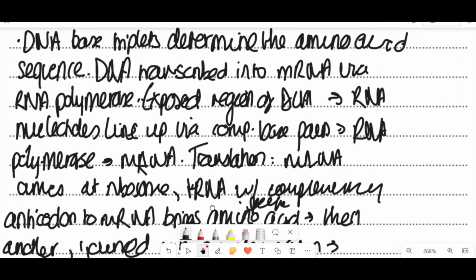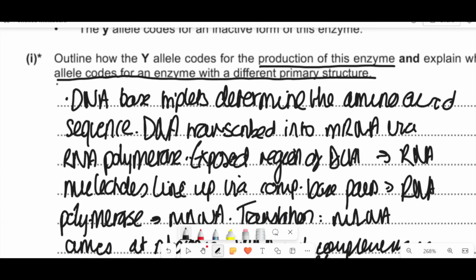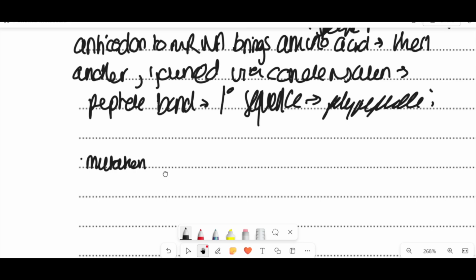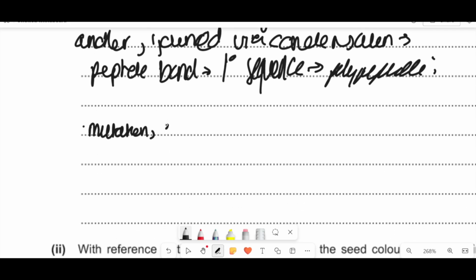But then it says in the next part: explain why this Y allele codes for an enzyme with a different primary structure. So that's what I was saying before, the only thing that determines this primary structure, well, eventually the polypeptide, is going to be the amino acid sequence. So there could be, for example, a mutation of some sort. Mutation just means a change in the DNA sequence. Eventually that could lead to something like a substitution or a frame shift.